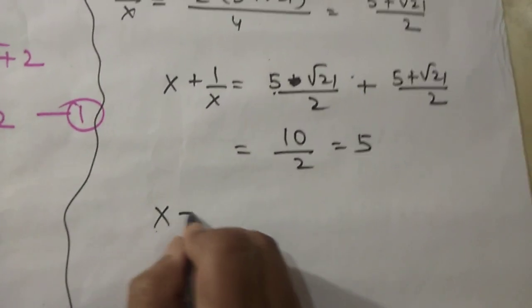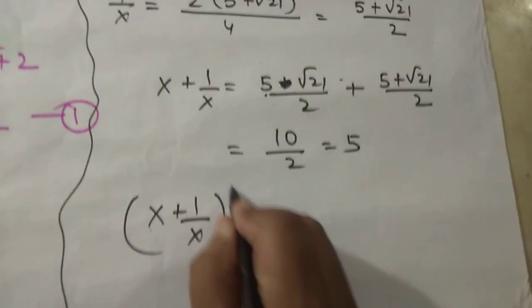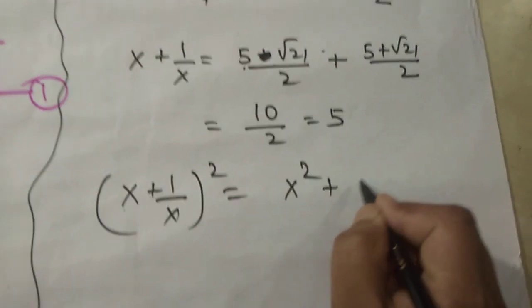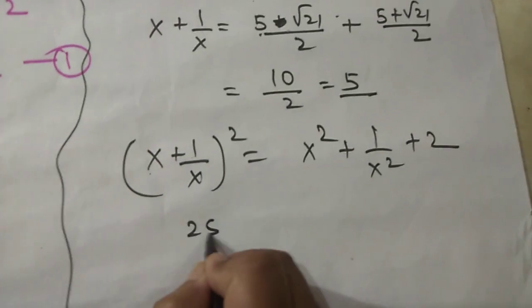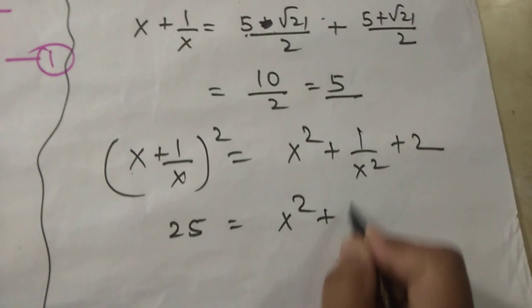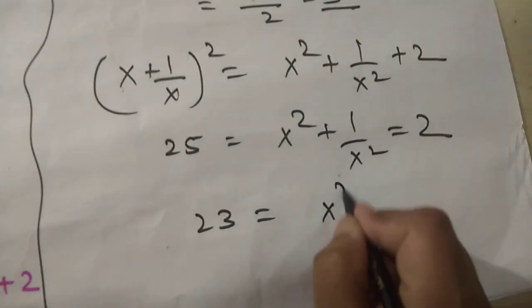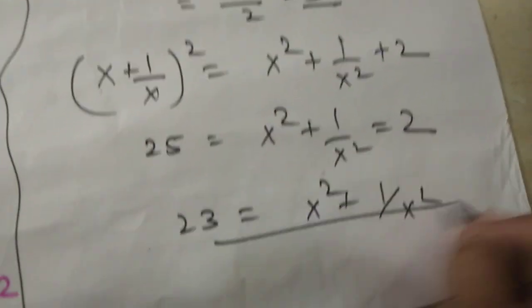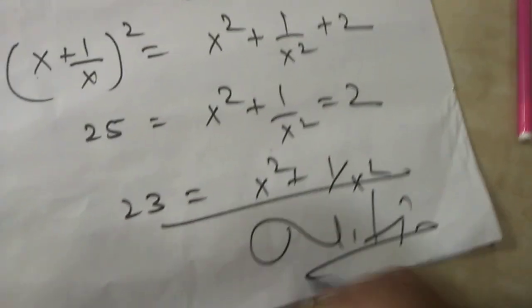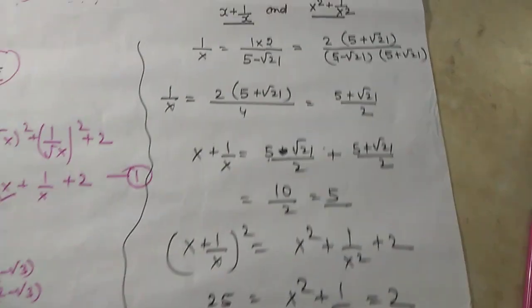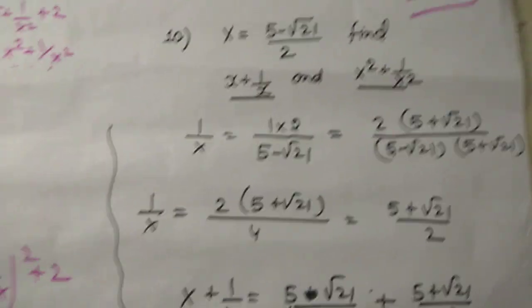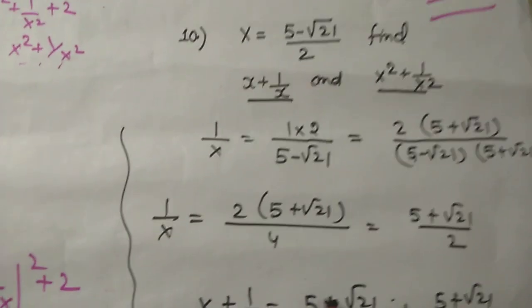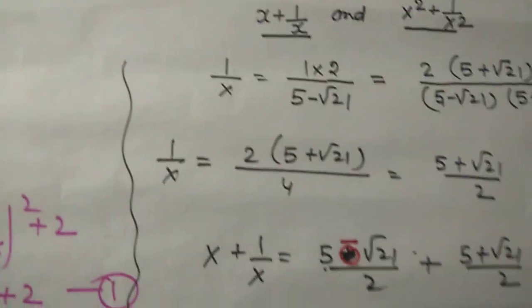So now (x plus 1 by x) whole square is x square plus 1 by x square plus 2. 5 whole square, 25. x square plus 1 by x square, this will become here. So this is minus 2, no confusion.